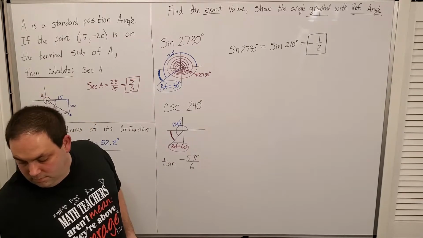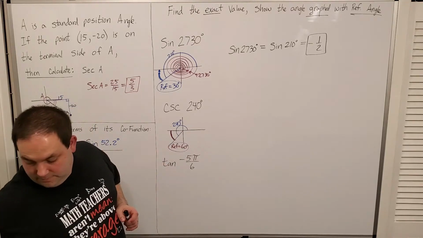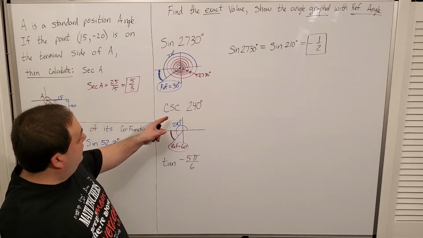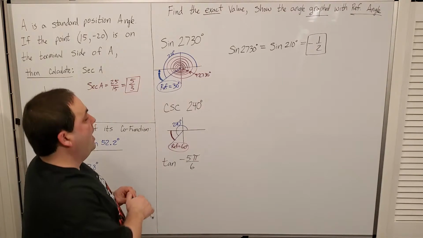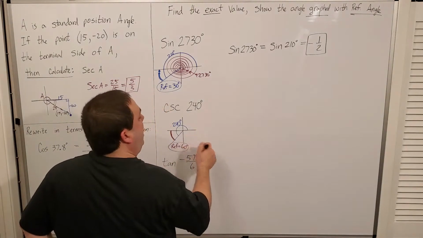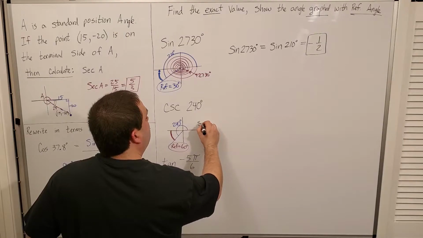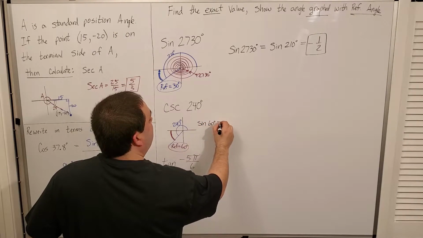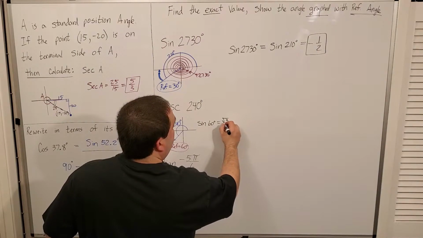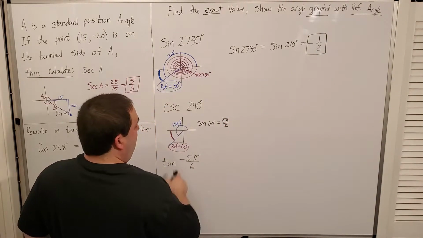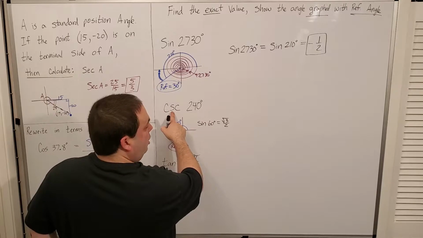Okay? Now, next, I need to know what the cosecant of 60 degrees is. Well, I know that the sine of 60 degrees, right? That's one of our memorized angles. That's square root of 3 over 2. Okay, so well, what about cosecant?